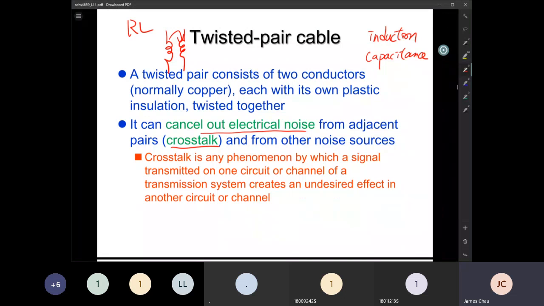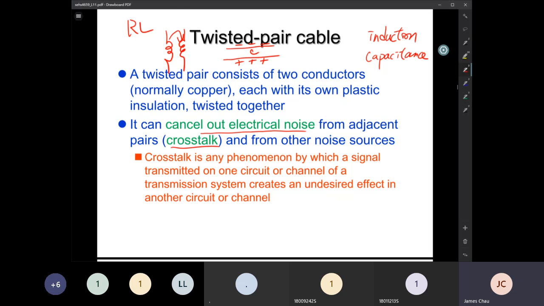Also, if you have two conductors with different amounts of charge, you will create a capacitor effect between these two cables. This induced or charged-up voltage may affect your signal in the cables, and this is the so-called crosstalk. Therefore, in order to reduce crosstalk, the simple arrangement is to twist the cables in order to cancel the crosstalk from one cable to another.